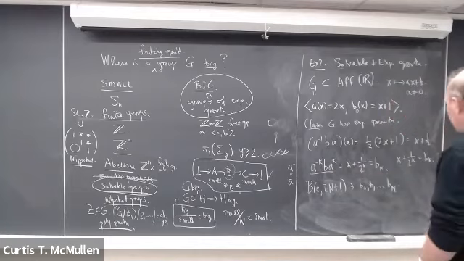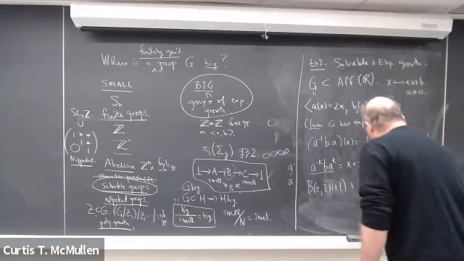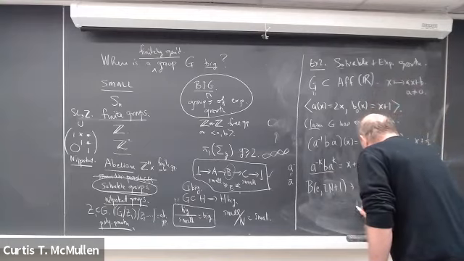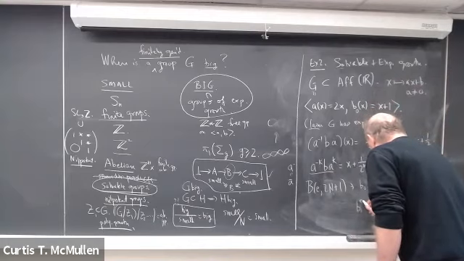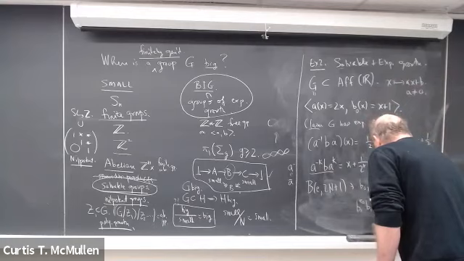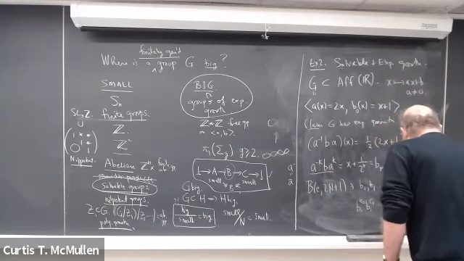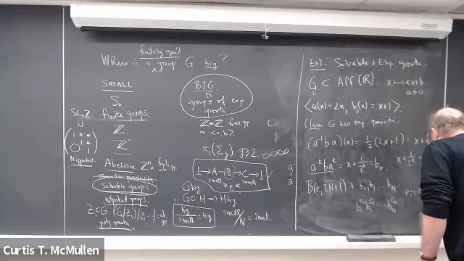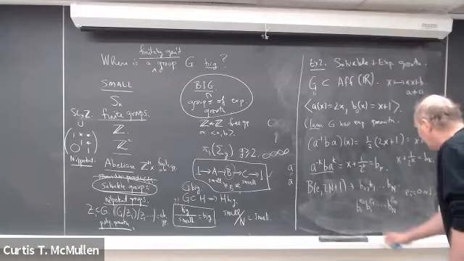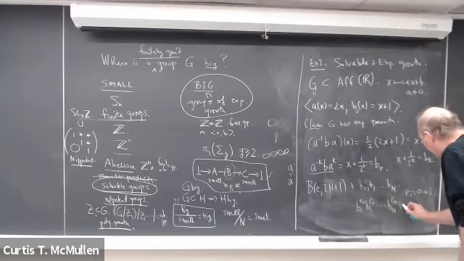And now, notice that we can then take the product B0 to the E0, B1 to the E1, up to Bn to the En, where each Ei is 0 or 1. And what does this give when applied to X?